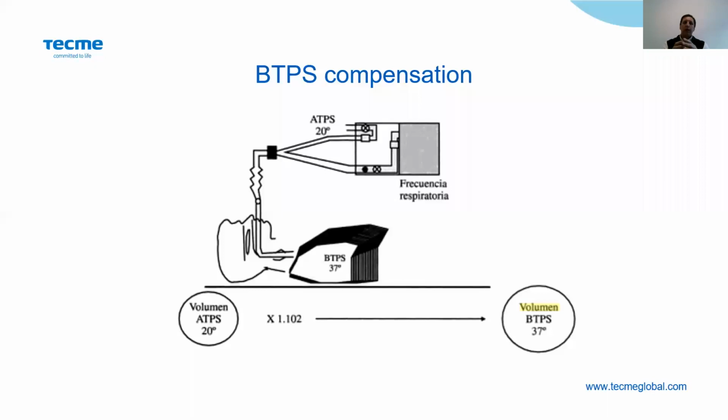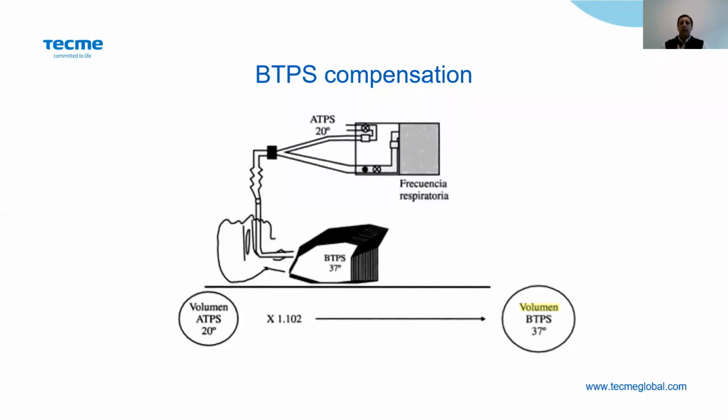So this 360 milliliters is going to go through the humidifier, so the temperature is going to be increased, so the volume is going to be increased. So this increment in volume is going to occupy totally 400 milliliters, the same I have set on the machine.